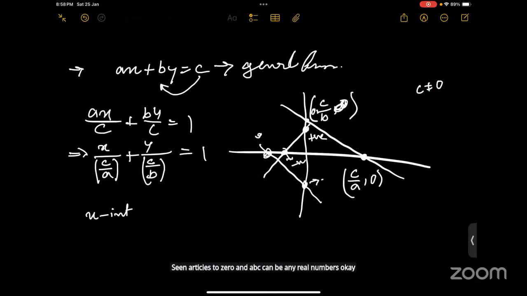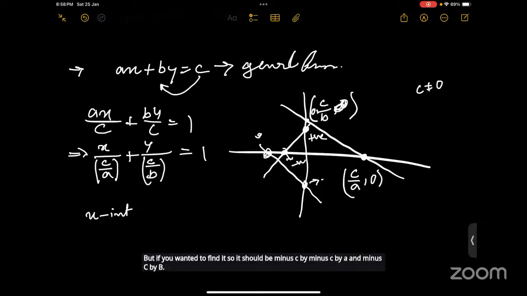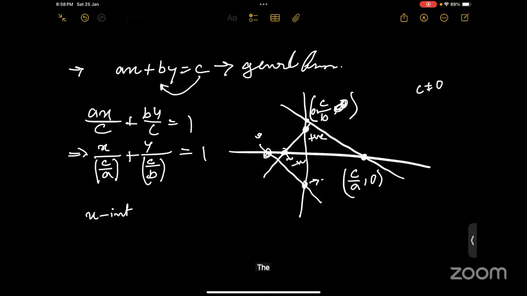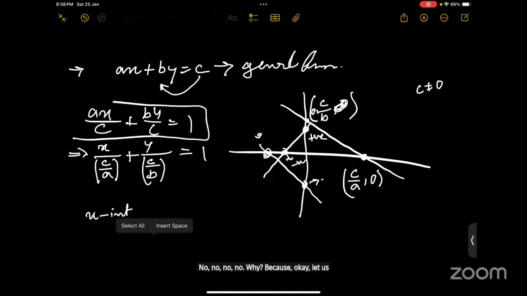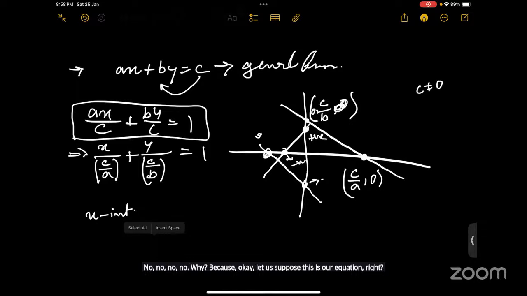Yes, but if we wanted to find it, it should be minus c by a and minus c by b, the x-intercept and y-intercept. No. Why? Let us suppose this is our equation, and we want to find the x-intercept.